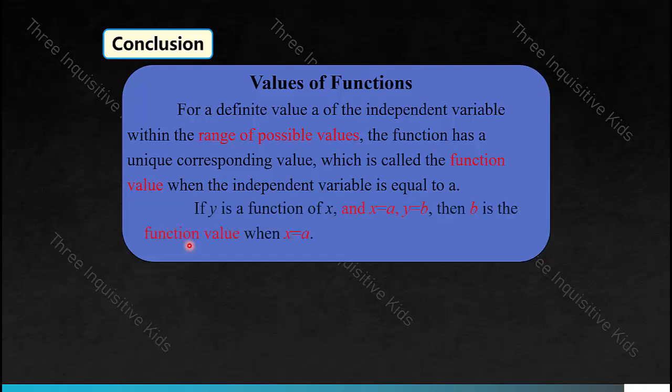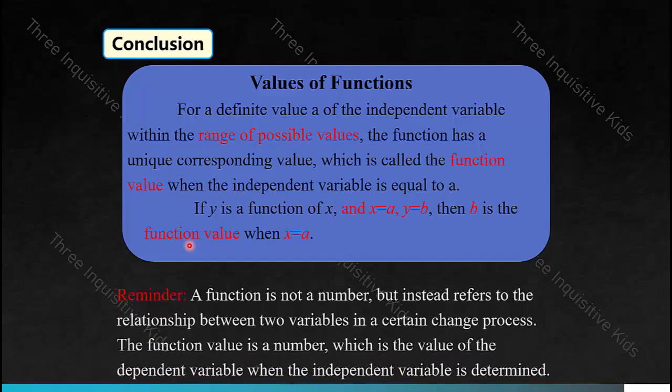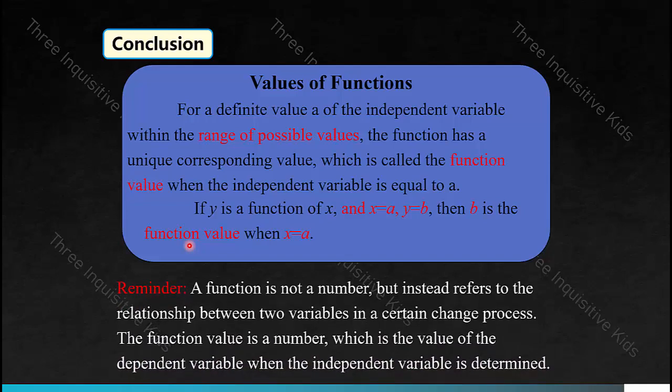So if y is a function of x and x is equal to a, y is equal to b, then b would be the function value when x is equal to a. You can think of the value of a function as the result you get after substituting a value for the independent variable. That would be the output of that function. Input, output.